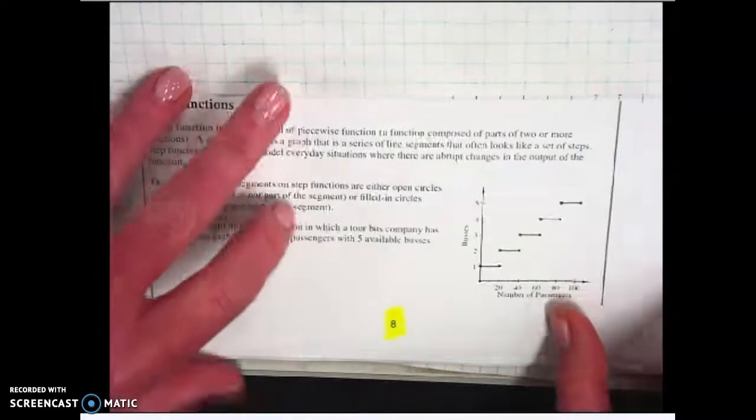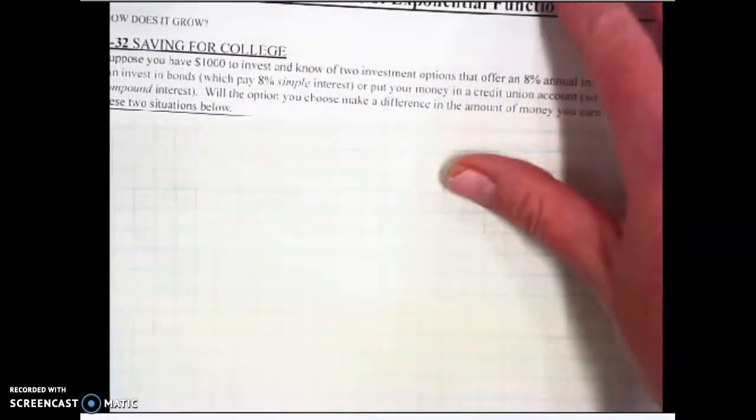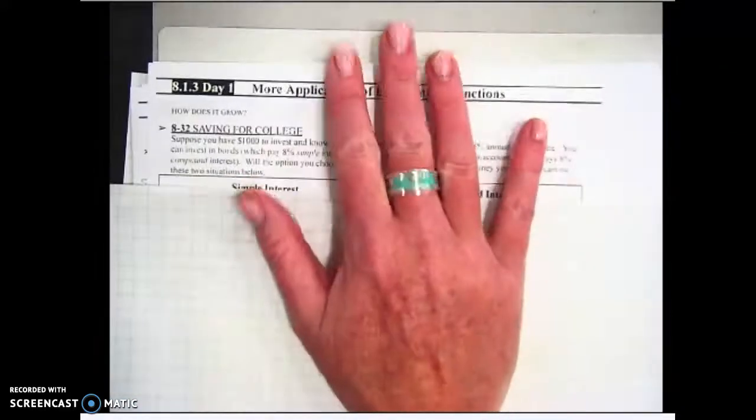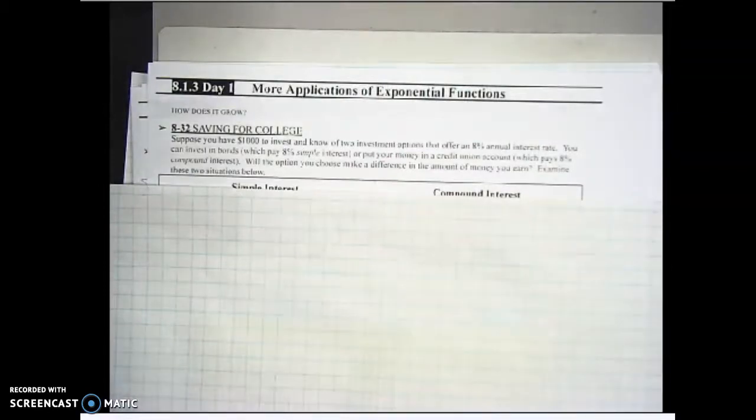All right, turn back one page to page 7. At the top of page 7, we're going to be looking at more applications for exponential functions, and we're going to be answering the question, how does it grow? So question 832 is saving for college. Suppose you have $1,000 to invest and know of 2 investment options that offer an 8% annual interest rate.